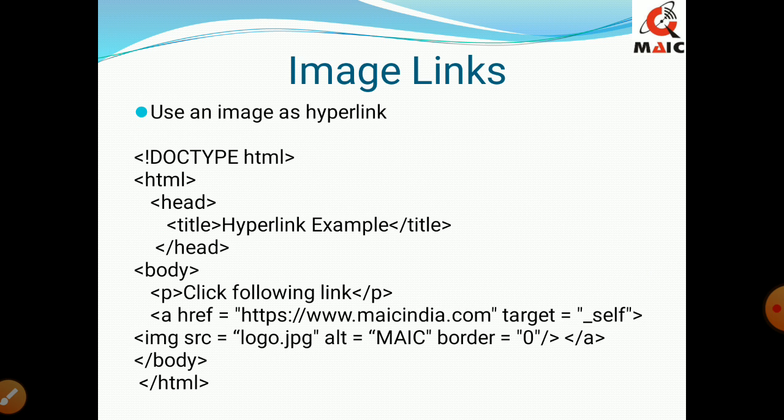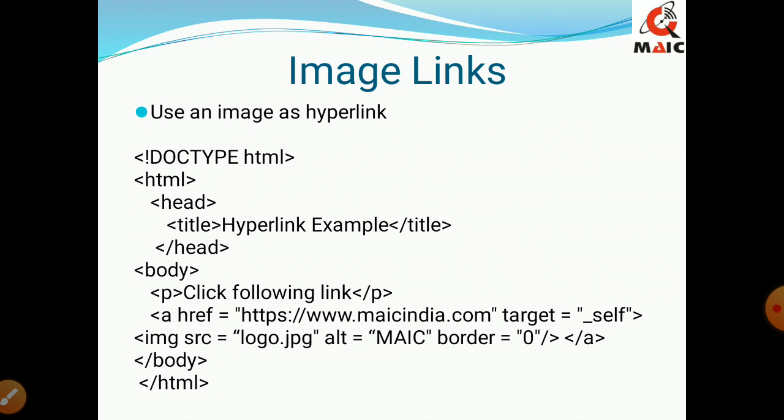So the text where the user will click, and the macindia.com will open up. Now, instead of writing the text, we are mentioning the image. Source, it is logo.jpg, that is the logo of the Mac, and Alt Mac.